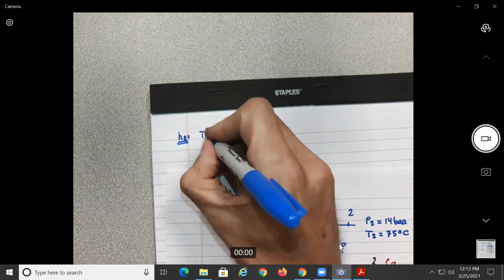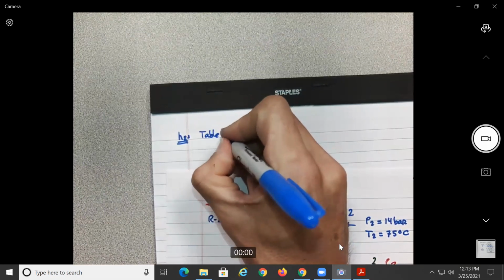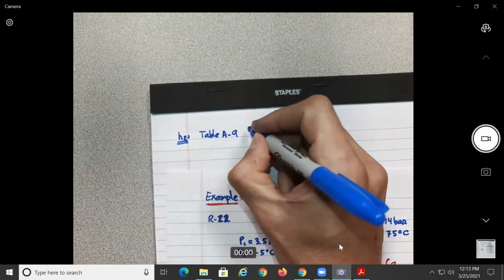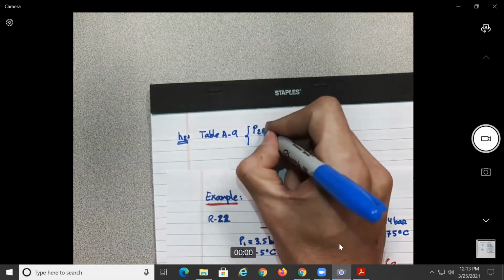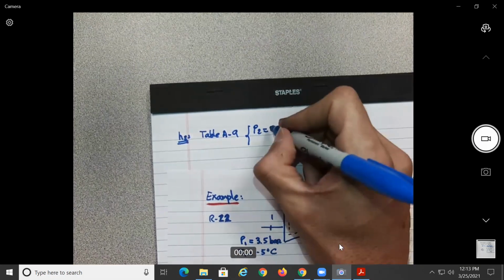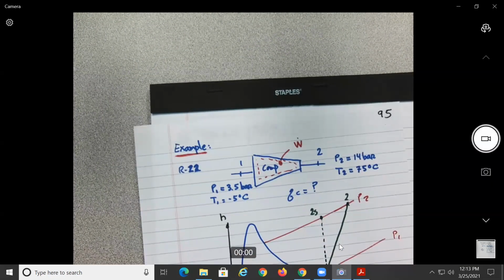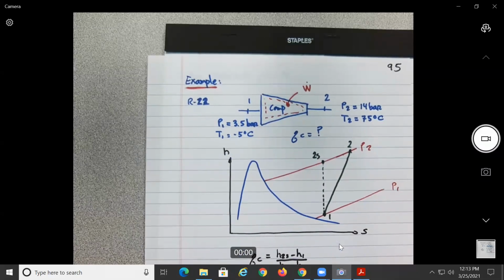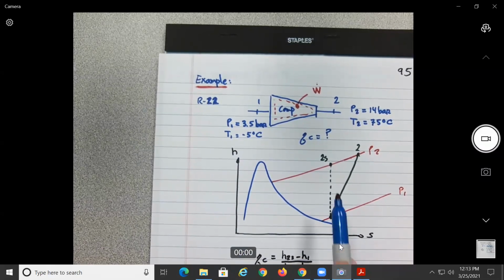So this will be still table A9. We need to know two things. So one is the pressure, which is 14. What else do we know? No, we don't know the temperature. We know that S2S should be equal to S1, no?